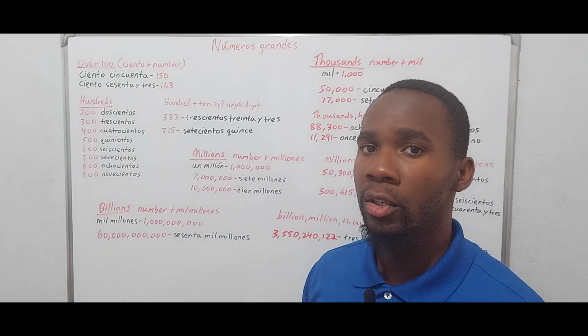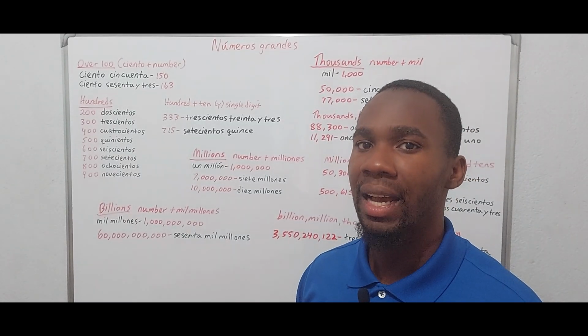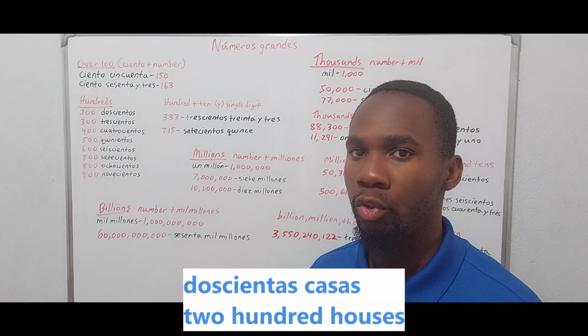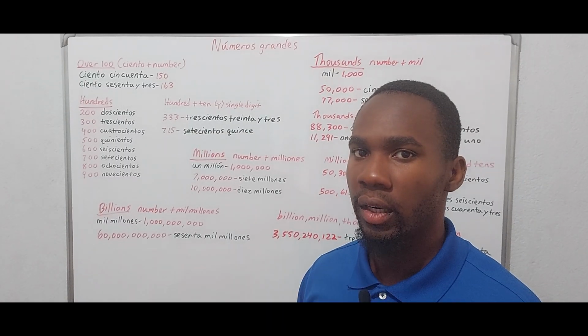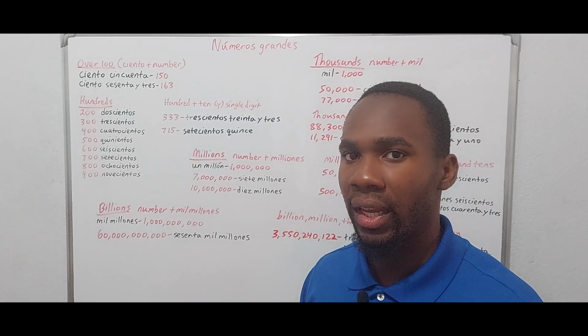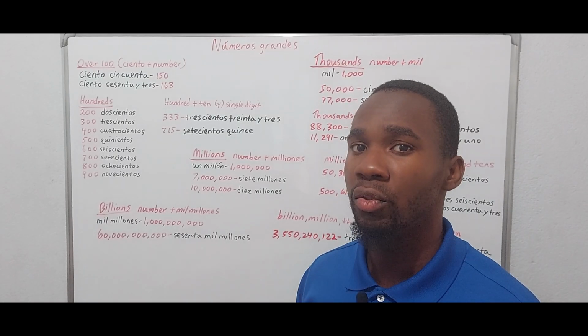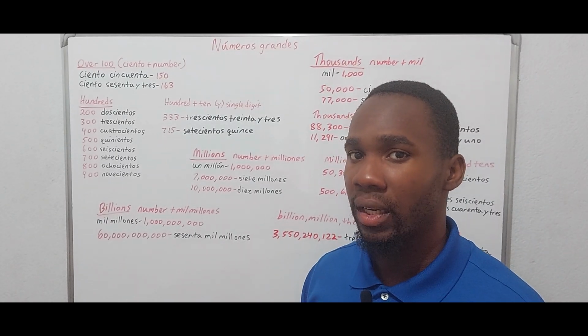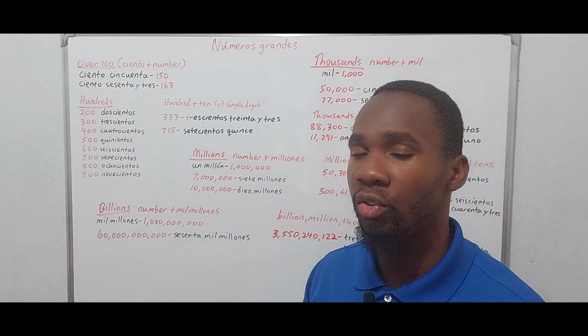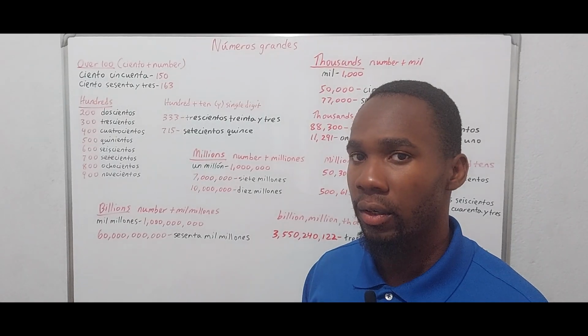So for example, 200 casas, 200 houses, all right? 300 mujeres, 300 women. So that's just something you need to remember when you're using it as an adjective.